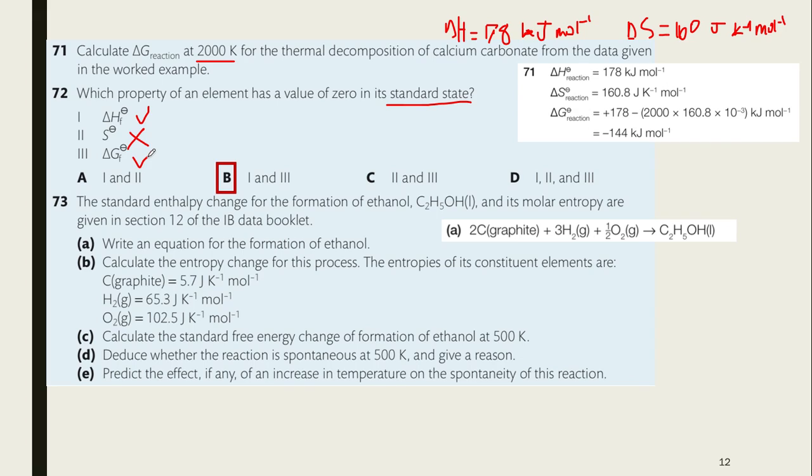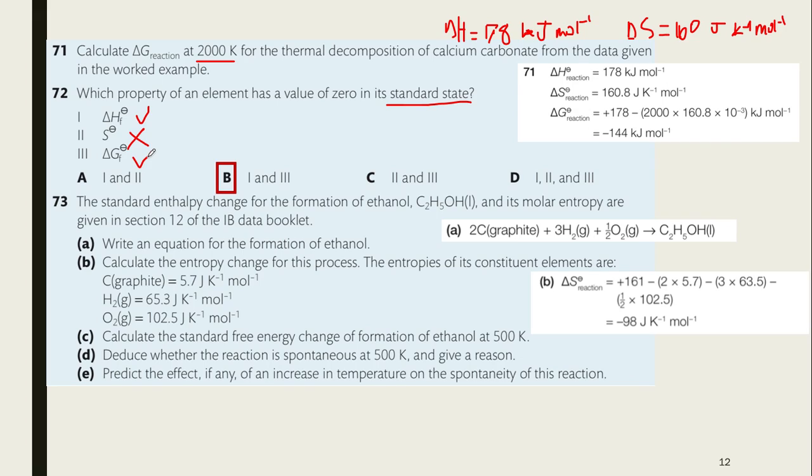In letter B, it's asking to calculate the entropy change for this process. So the entropies of its constituent elements are given there. In order to calculate the entropy change, we're going to do sum of the products minus sum of the reactants. So we're given the equation, we're given our values. When you plug those in, you do have to take into account the coefficients.